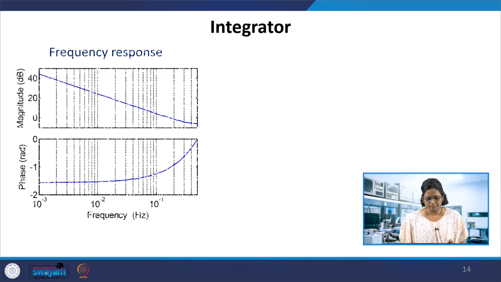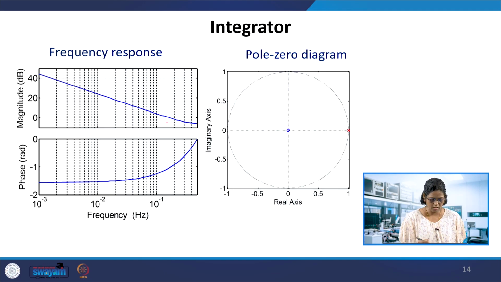If you take the frequency response of this, again you can see the decreasing slope of the integrator, and the phase from here. This again should be from 0 to 0.5 frequency. Whatever fs is chosen, depending on that we can locate the frequency.